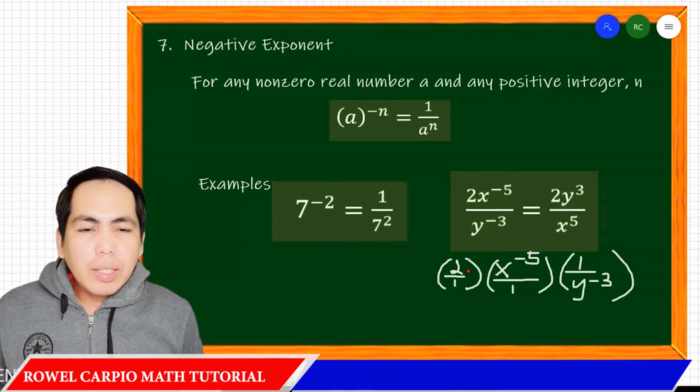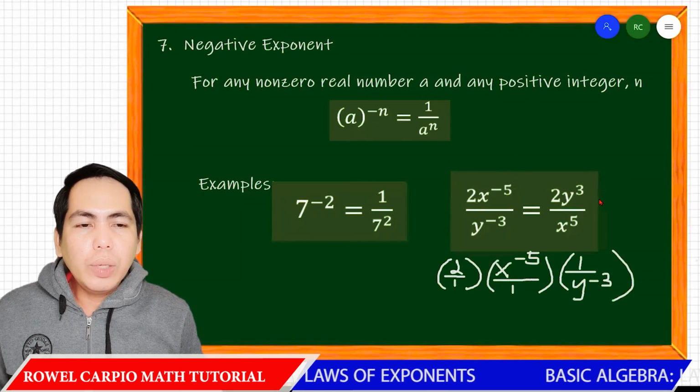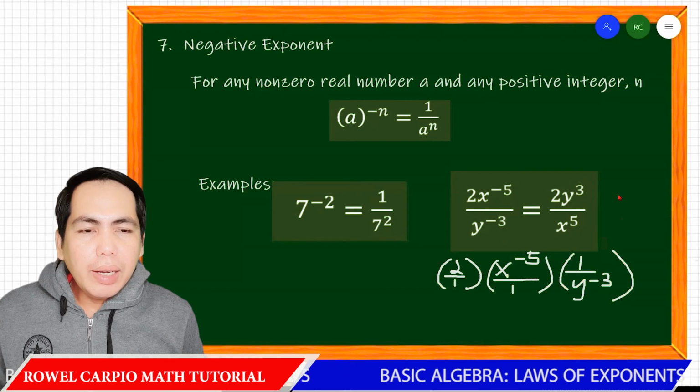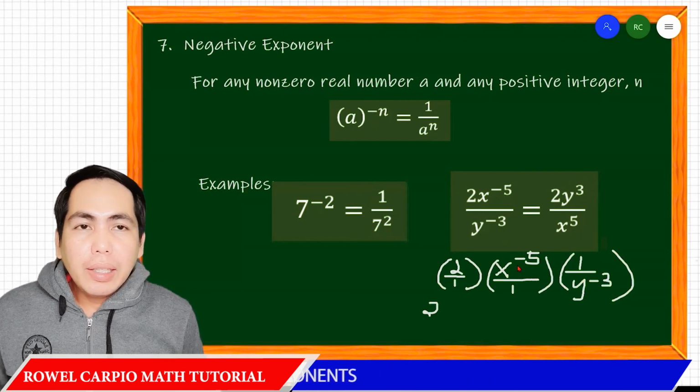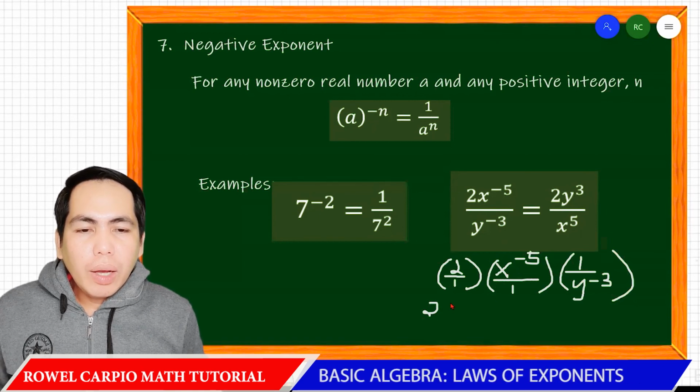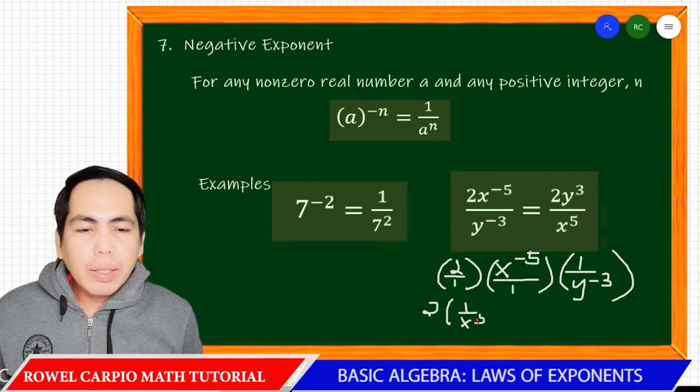Since the exponent of 2 is positive 1, 2 will remain in the numerator. Since x has a negative exponent, we have to take the reciprocal of x. That is 1 over x raised to the power of positive 5.